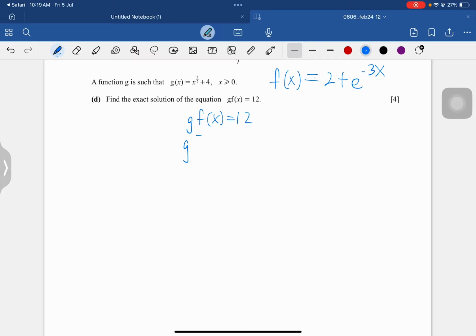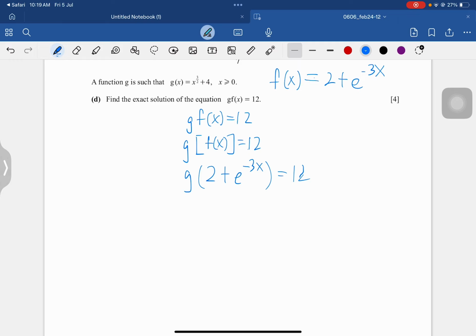The one closer to the x is f. We put a square bracket. And f(x) is 2 plus e to the minus 3x equals to 12. Sorry, there's one missing here.